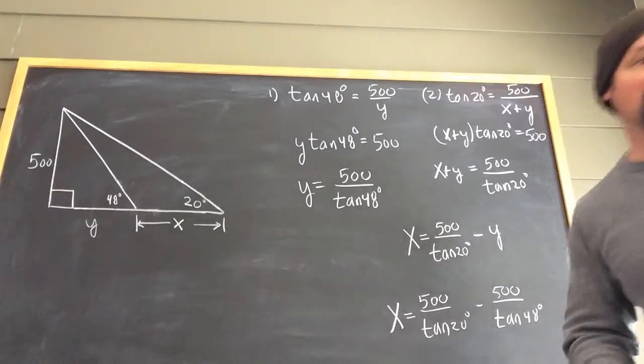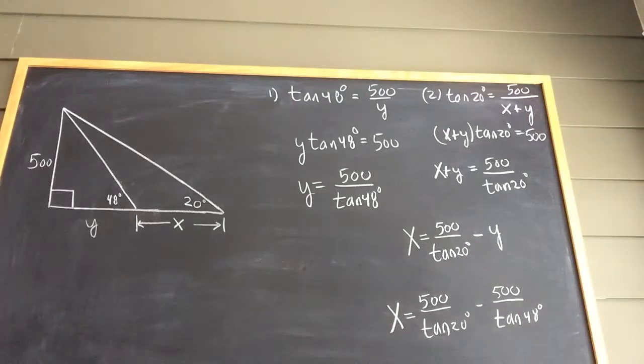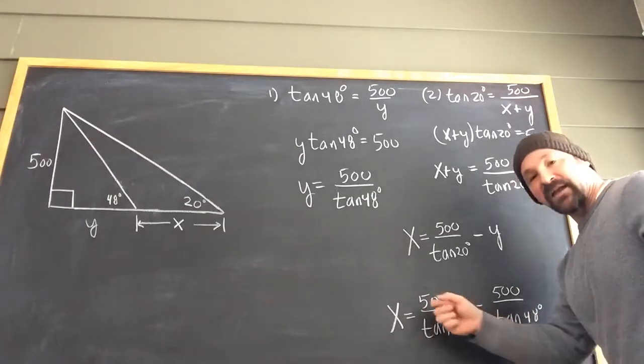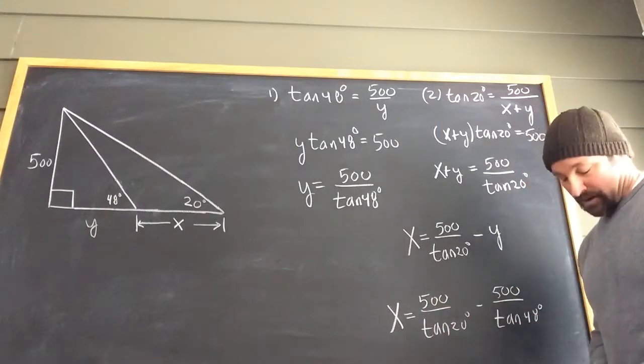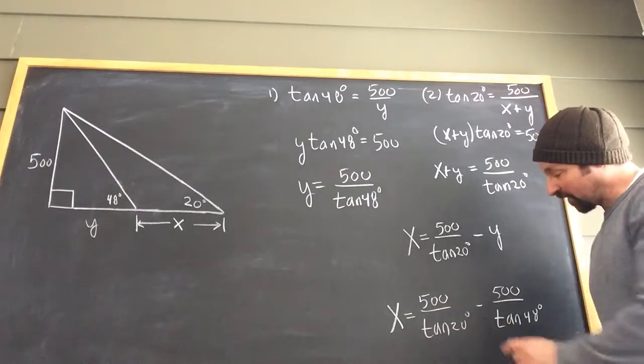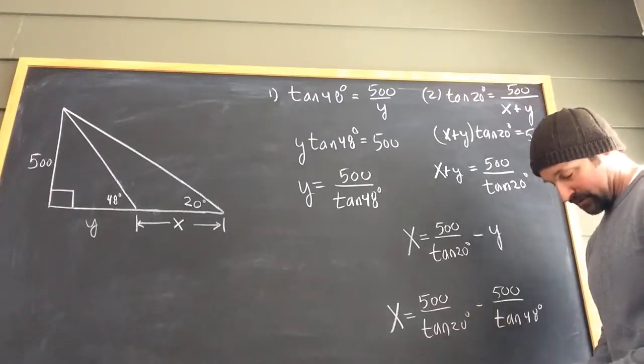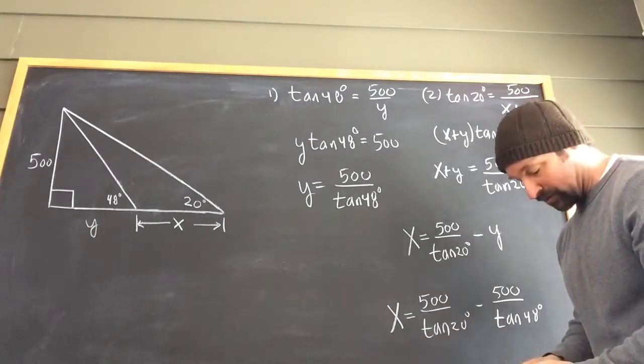And now I'll go into my calculator and I'll get a value for this expression here. First thing I want to do is make sure that I'm in degree mode. So mode, I am in degree mode.